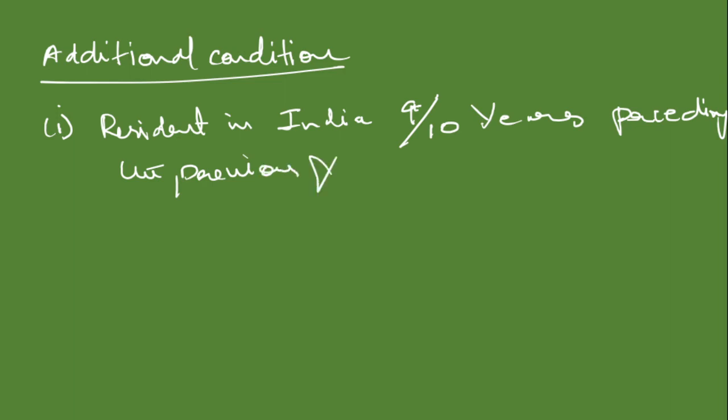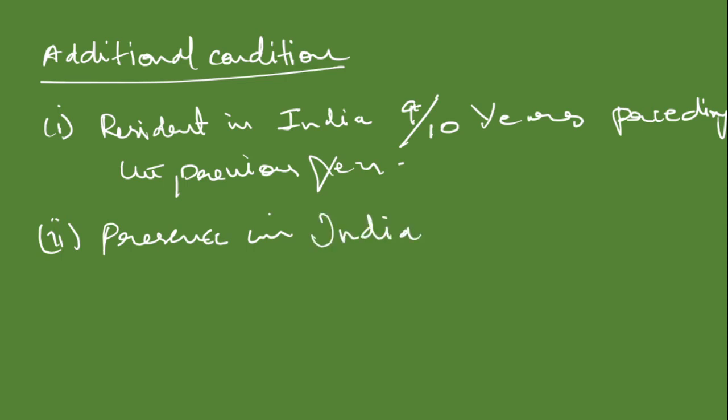The second condition is presence in India for at least 730 days during the 7 years preceding the previous year.